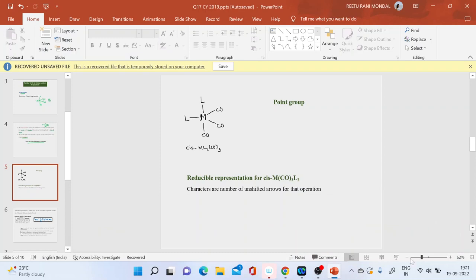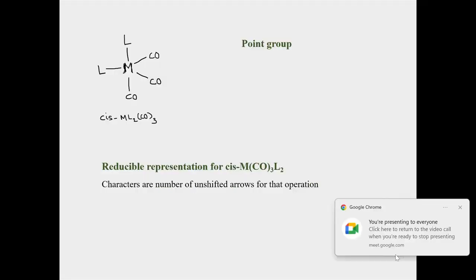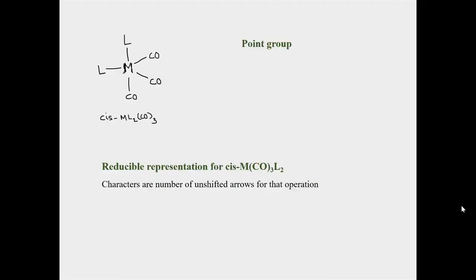Okay. So, for solving such kind of questions, first we should know what is the point group of this given compound. So, anyone, what is the point group of this compound? This is this ML2CO3. If anyone can tell me what is the point group of this, try. Okay, first look for it.